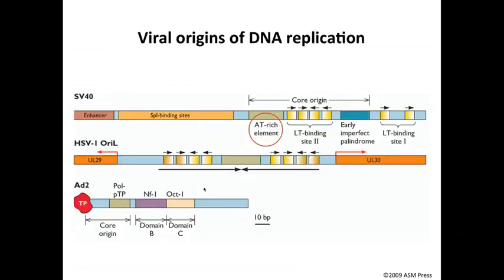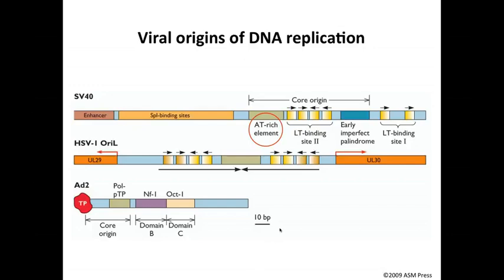Let's look even closer at these origins. Here are 3 of them in very great detail: the SV40 origin, the ORI-L origin of Herpes simplex virus type 1, and the left end origin of adenovirus type 2. These have some features in common, and I want to highlight 3 of them in particular.